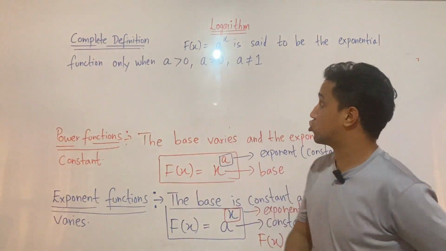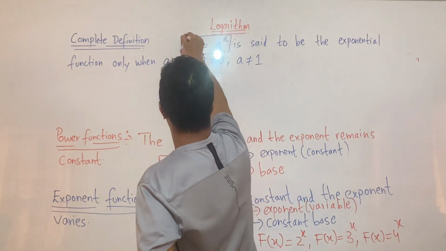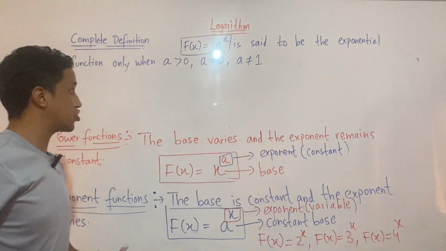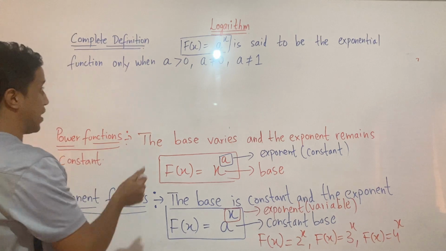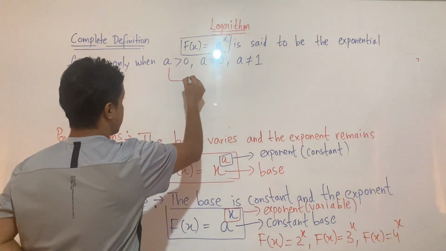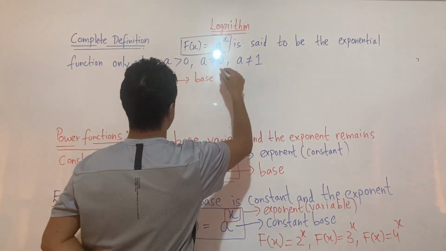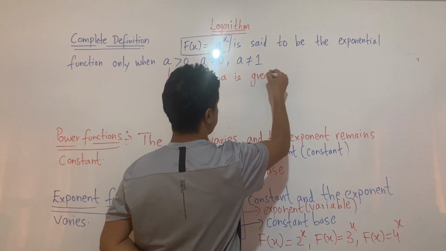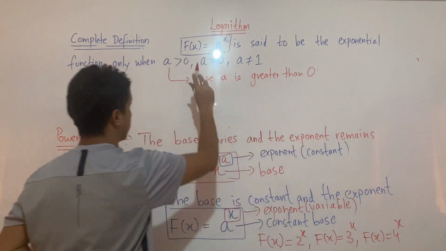So this function f(x) equals a raised to the exponent x is said to be the exponential function only when your base a is greater than 0, okay?